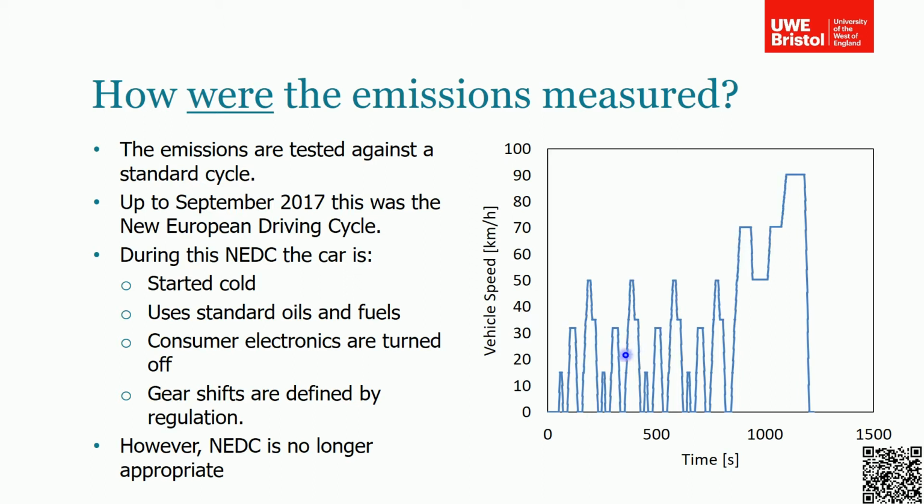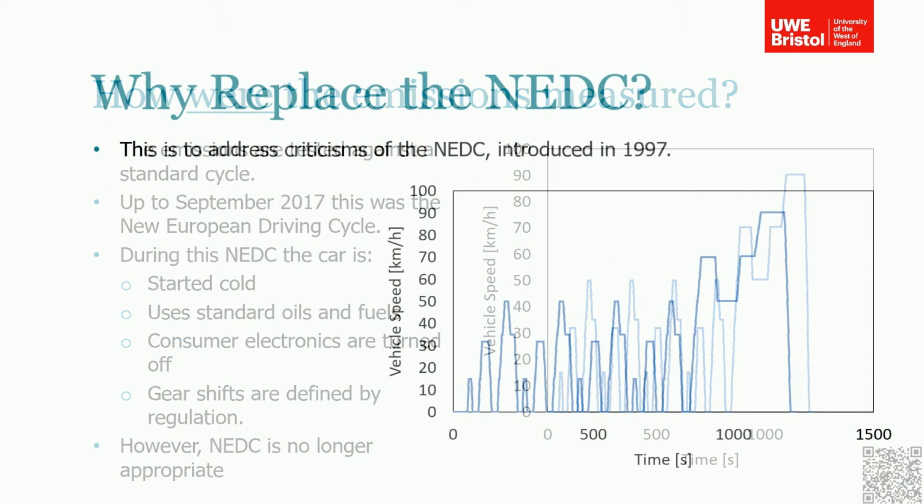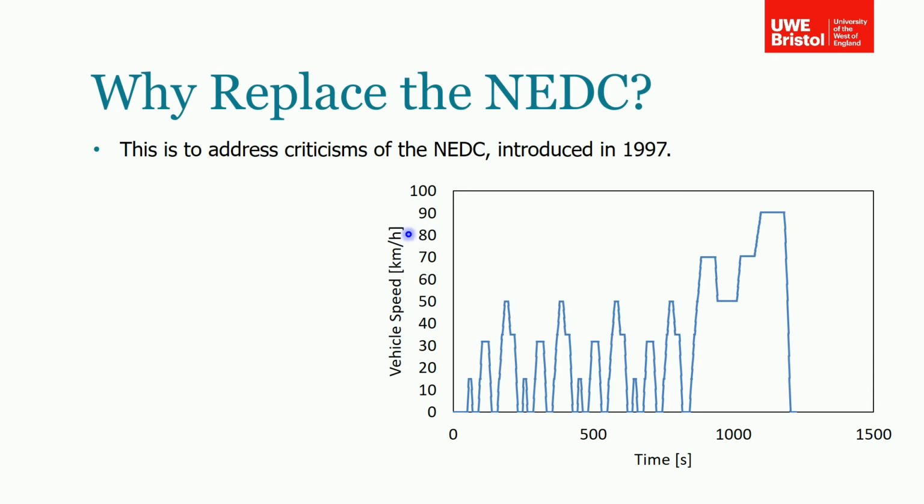However, this cycle's no longer appropriate. The reason for that is there are some criticisms of it. You can see that these are quite straight lines, so the vehicle had quite low accelerations compared to real world driving. It's got constant cruise speed, so very few people drive like this in the real world.